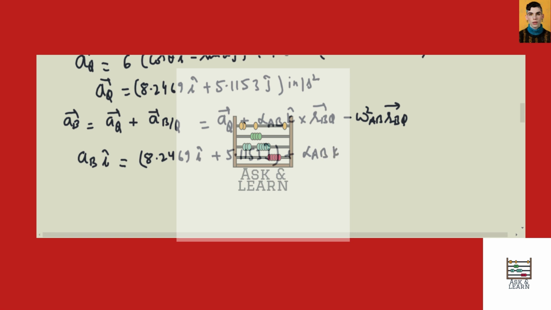Alpha AB k cap cross 7.7453 i cap minus 2.81908 j cap. This term is 0.